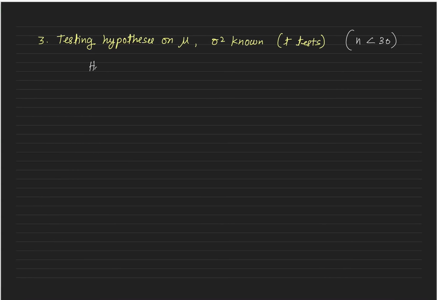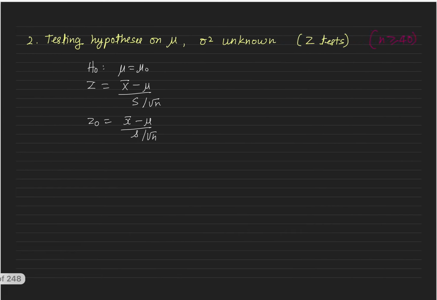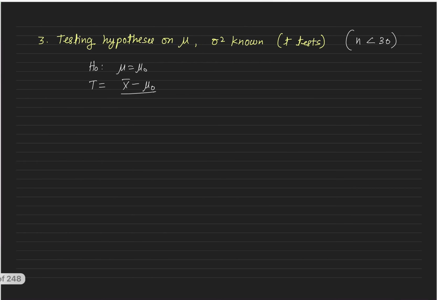If the null hypothesis is mu is equal to mu naught, the test statistic is T is equal to x bar minus mu naught, again in this case it's mu naught, I just wrote mu, divided by S upon root n, and the test value is this T naught, x bar minus mu naught divided by S upon root n.